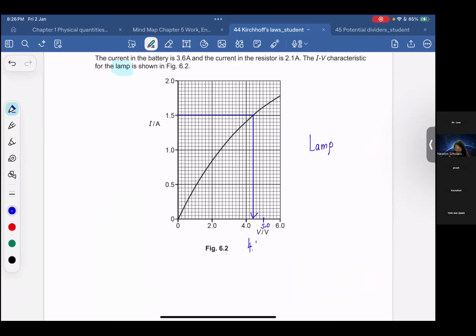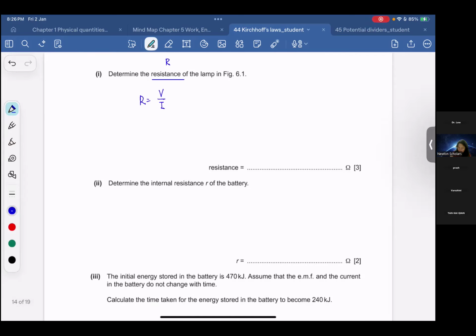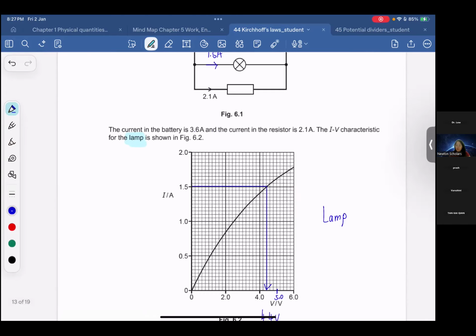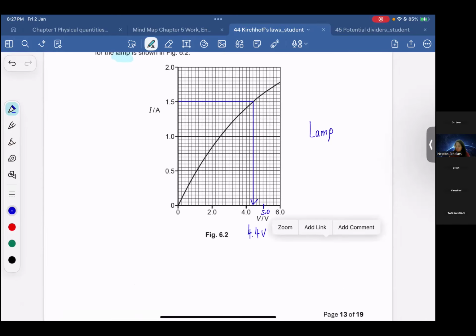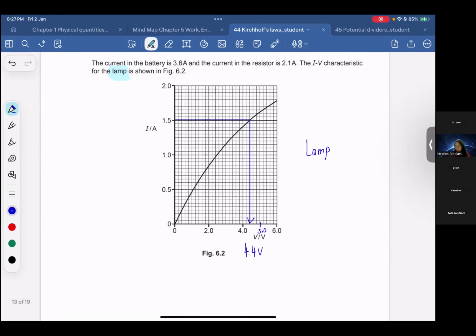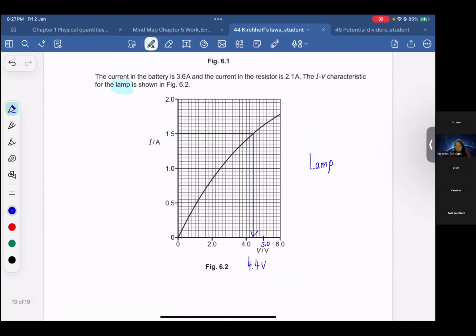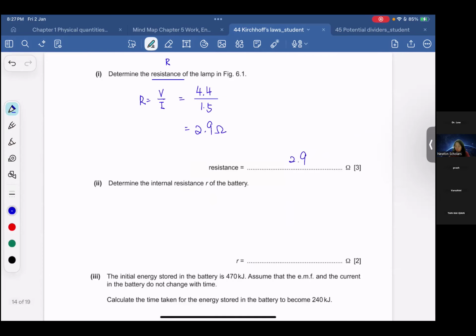So this one is 4.4 volt. My answer is 4.4 volt divided by the current 1.5, so our answer should be 2.9 ohm. 3 marks here: formula, substitution, final answer. For me, I will show on the graph how I get this 4.4, and also make sure I didn't read the value wrongly. By drawing the line it is safer.